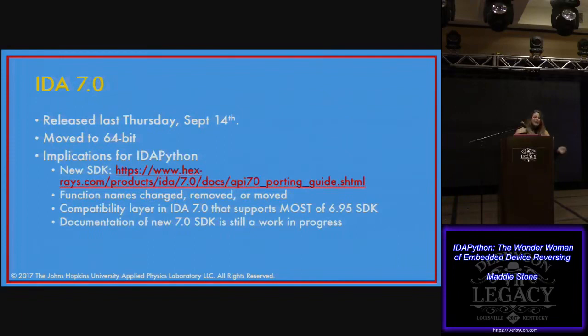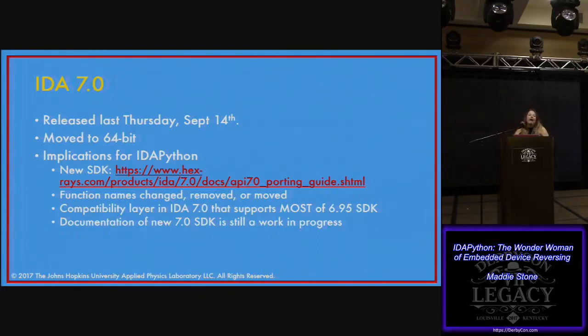Before we dig in a little more, I started creating this presentation and all these scripts much earlier than last Thursday when they released all these updates, but they're exciting updates. The whole disassembler has been moved to 64-bit, but the implication for IDAPython with this new update, and what you should go into this talk understanding, is they created a whole new SDK and API.